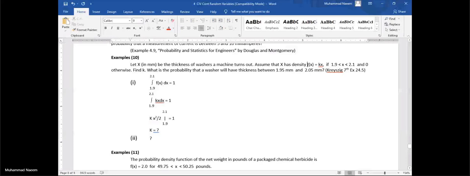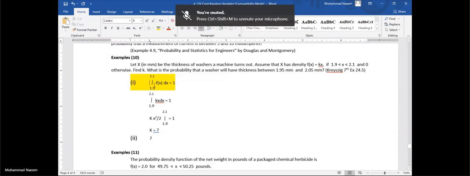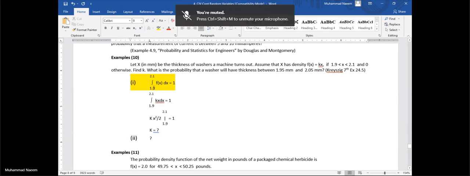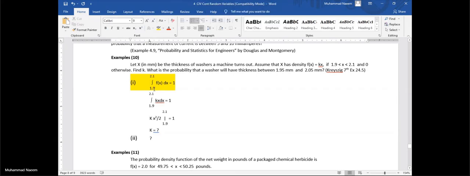Total probability equal to 1 means the total area under the curve with the complete range of x is equal to 1. So the whole range is from 1.9 to 2.1. So we integrate kx from 1.9 to 2.1.